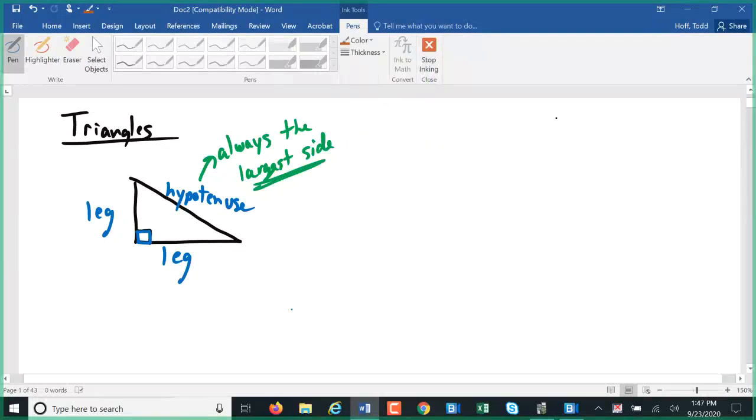Well, there's a relationship if we label our legs A and B and our hypotenuse side C. There's a relationship between those sides that pretty much all of us have seen at one point or another. It's called the Pythagorean rule, or often the Pythagorean theorem.